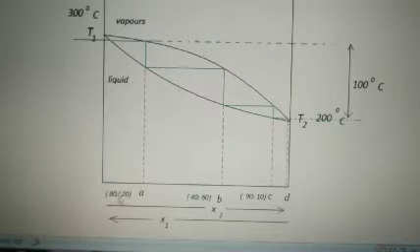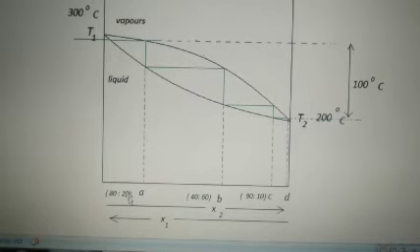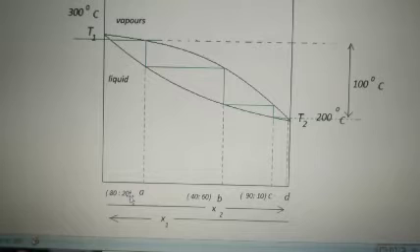At any point we can have the mole fraction of each of these two components. For example, if I discuss this point A, this is the movement of x2 toward this side. This is the line of x2. So x2 has started from 0 and is moving up to this point.